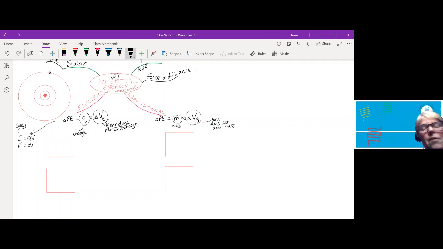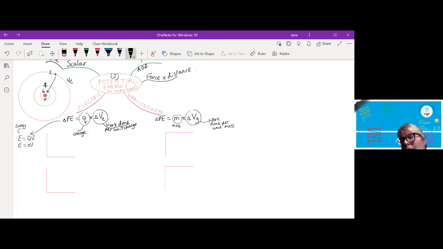So potentials, have a look at this. VE is the electric potential, 2, 4, and 6. If this is a positive charge and I've got a positive charge here, you're going to go increasingly closer.